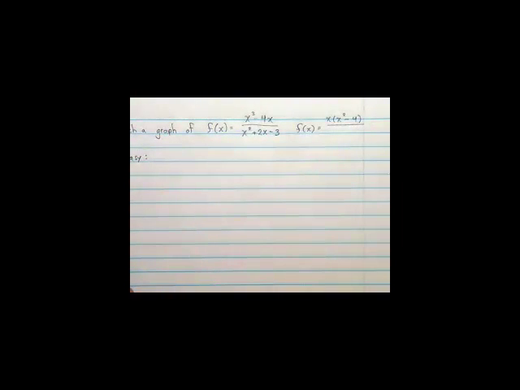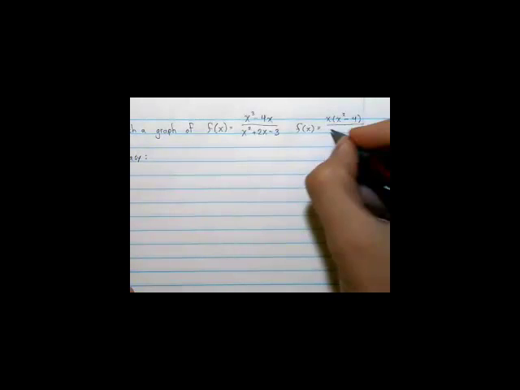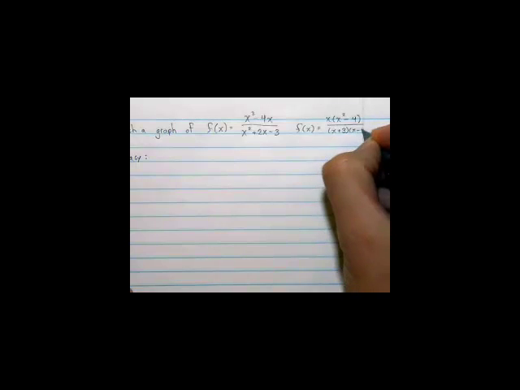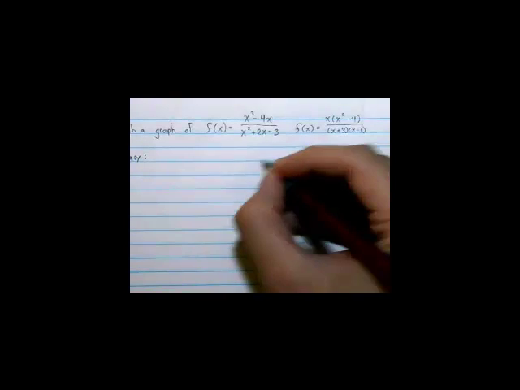Denominator can be factored. Anybody figure out what those two are? Yeah, Josh? X plus 3 and x minus 1. Okay. Now, that numerator can be factored further, right? So if I have x squared minus 4, what does that factor to? Right. So here's what we're really working with.